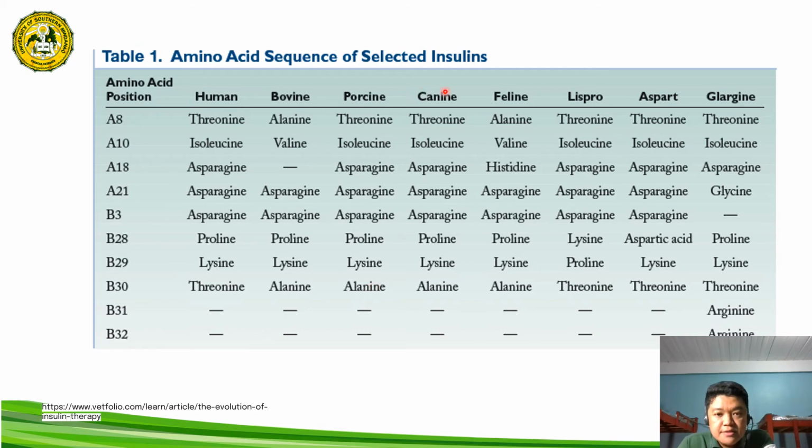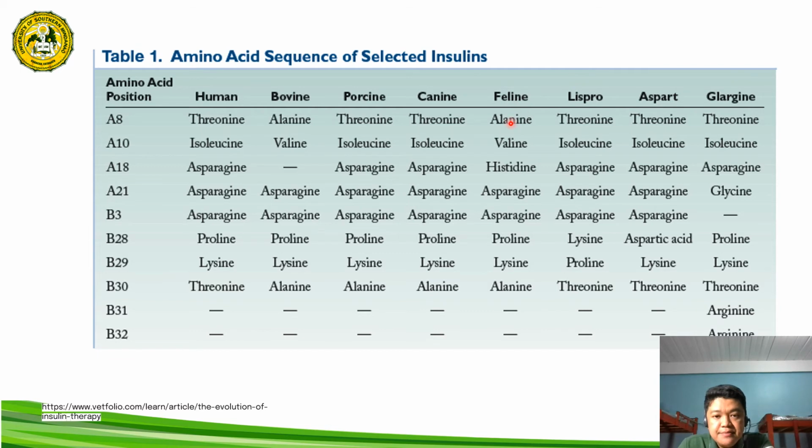For the canines, or for dogs, we can see here that it is still very much the same in amino acid sequence as that of the pigs and humans, but it only differs on the amino acid that is located at the 30th position of the B chain.